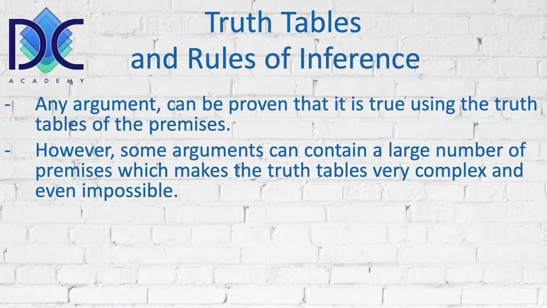Unfortunately, when we have arguments with a large number of premises, that makes the truth tables very complex and in some cases even impossible. Just imagine you have 20 different propositions, 20 different premises, then you will have to make 2 to the power 20 rows to consider all possibilities and all combinations of those possibilities.